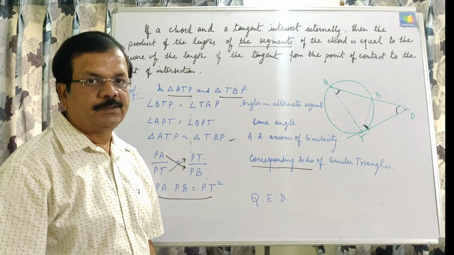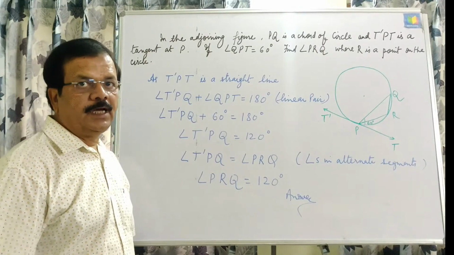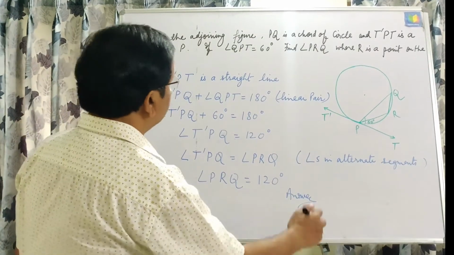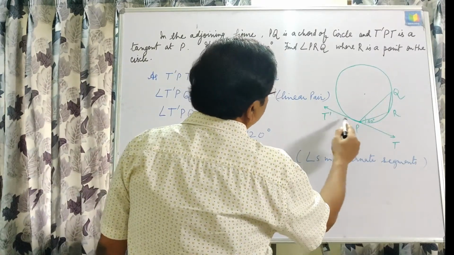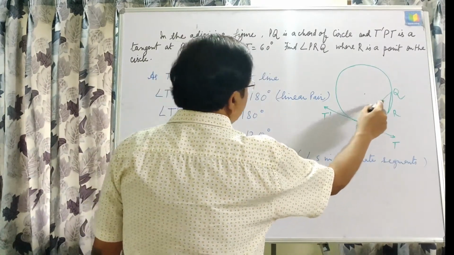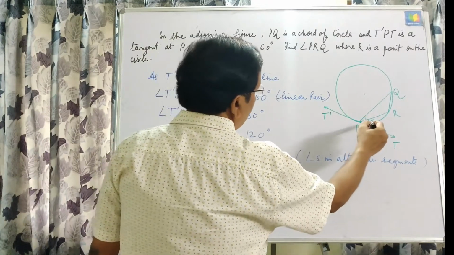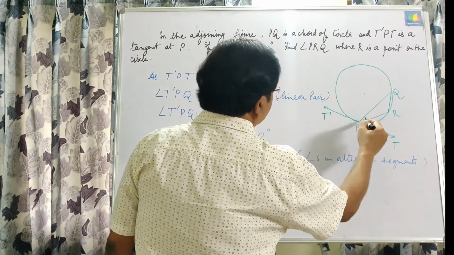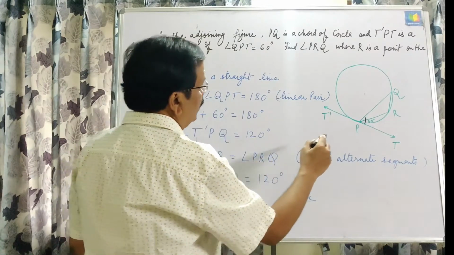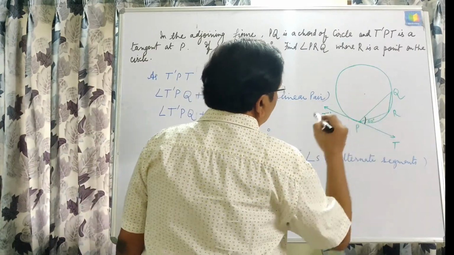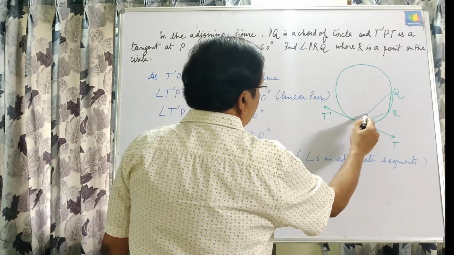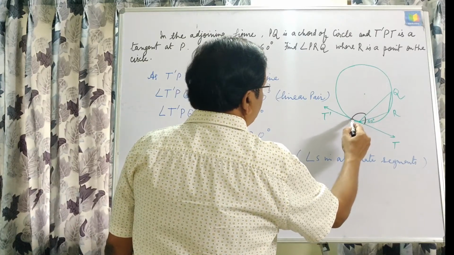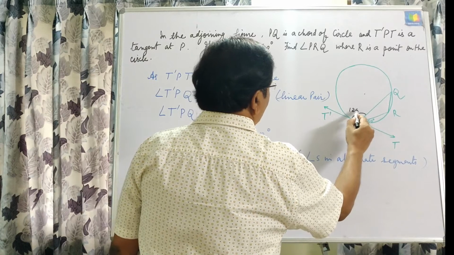Now questions. In the adjoining figure, PQ is a chord of a circle and PT is a tangent at point P. If angle QPT is 60 degrees, find angle PRQ. Actually this angle is 60 degrees, and then by linear pair this angle is equal to 120 degrees.